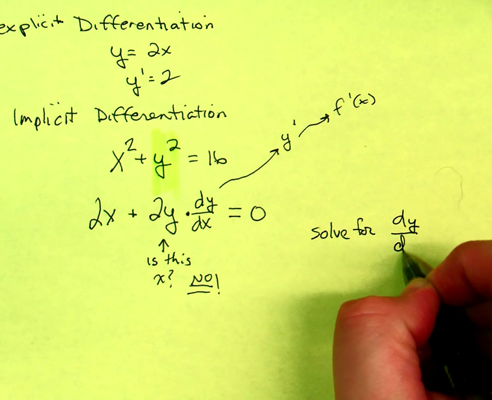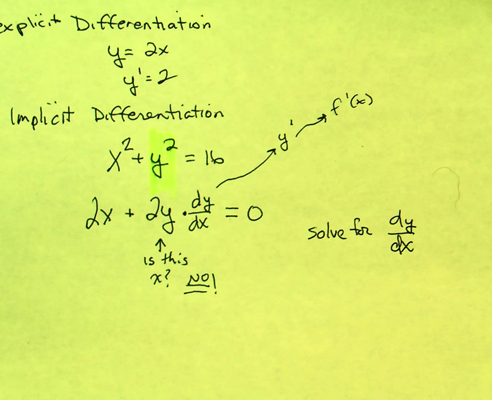You solve for that dy dx, and you found the derivative of a, it's not a function, it's a relation. You found the derivative of this relation, which just happens to be a circle. And now we'd have a relation that's going to give us the rate of change at any point. The rate of change of the circle at any point.